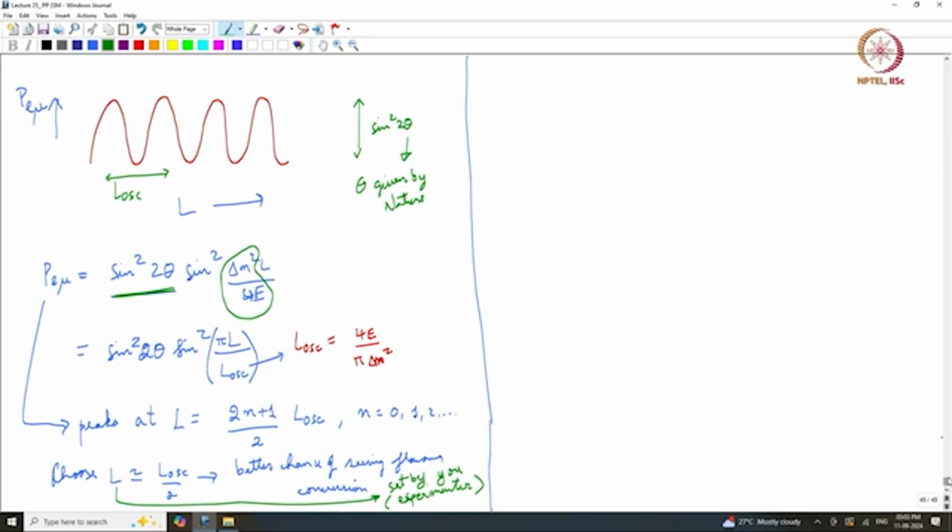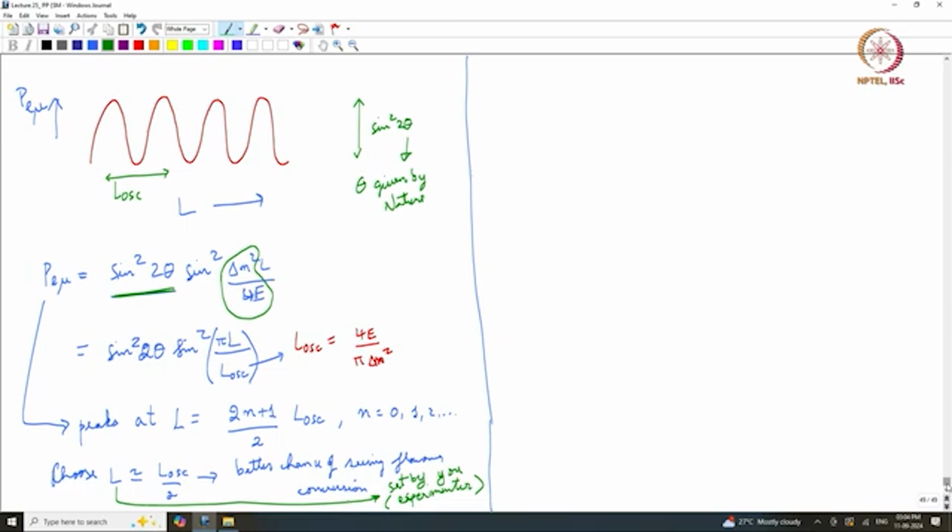But it's not just in experiments made by humans. This turns out in certain cases to be very fortuitously, luckily, the correct distance to measure some fundamental parameters like delta m squared and theta also, okay? So we are going to get into that right away.